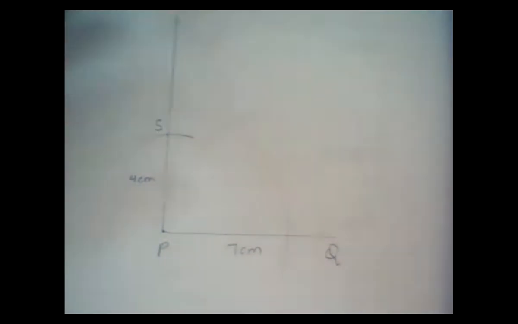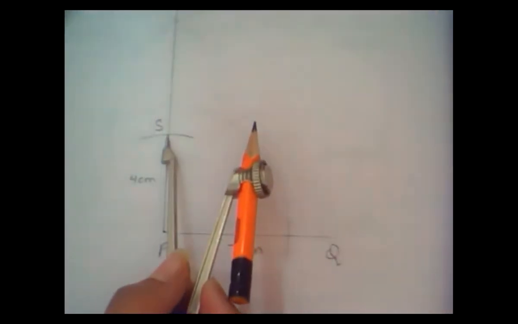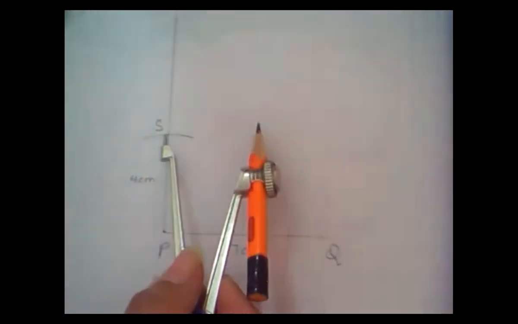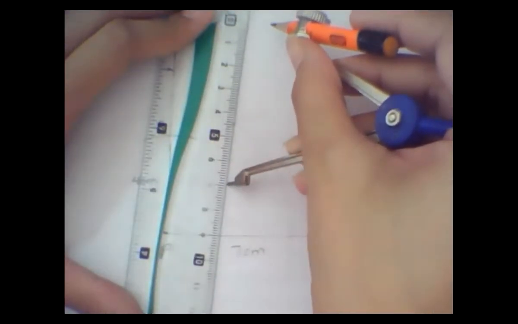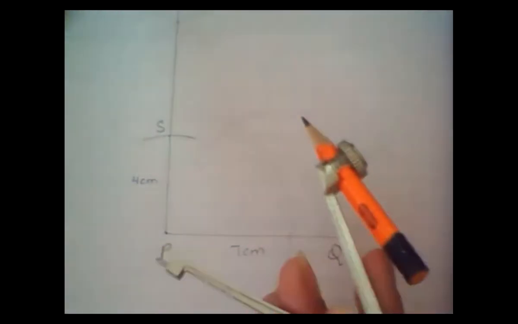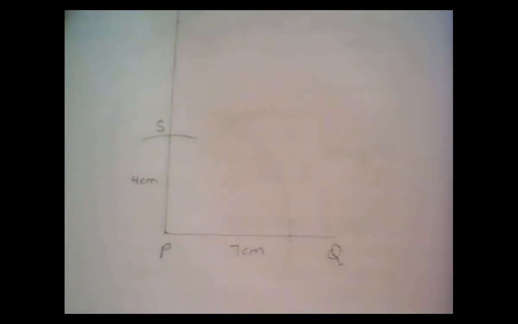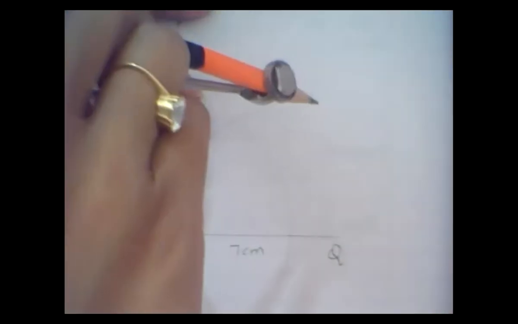Now we have to put the compass on S. With 4 centimeters do we draw an arc? No. With the radius 7 centimeters, take your compass and scale in your hand, and with the measurement of 7 centimeters draw an arc like this, right?